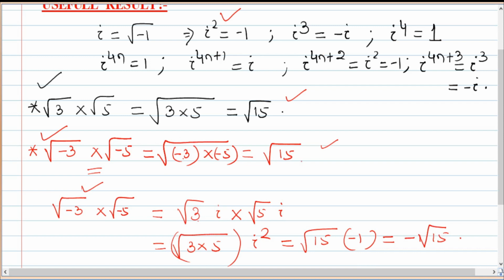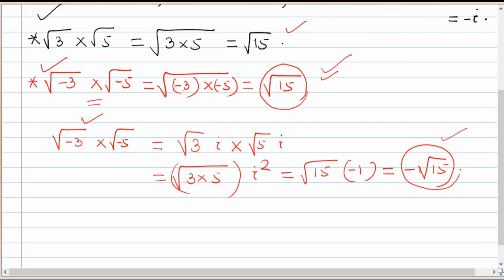So from these two results you see, this one is root 15 and this one is minus root 15. So they are not equal. Which one is right and which one is wrong? From this we conclude that this one is right and this one is wrong. Why wrong?